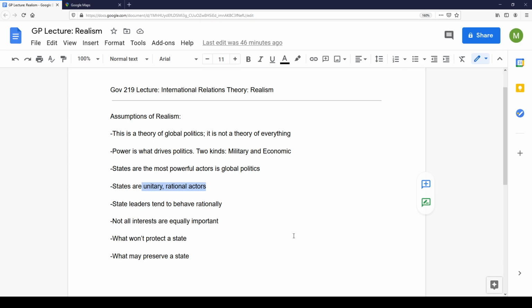And realists are quick to point out, now if you can think of bad foreign policies, like foreign policy failure, their defenses are twofold. First, they're going to go back to the first note in here, which is that they're not trying to explain every country's foreign policy at every time. But their other point is that there's no rule that requires states to behave rationally.